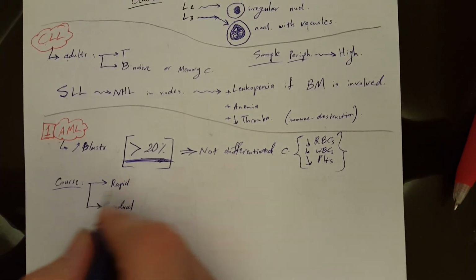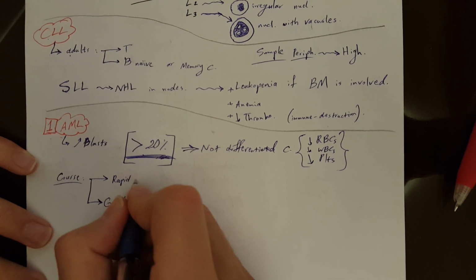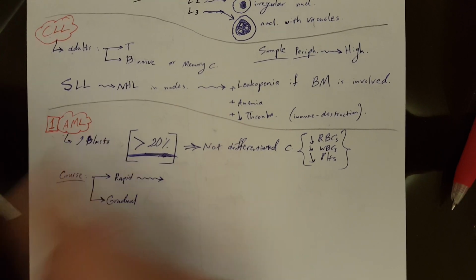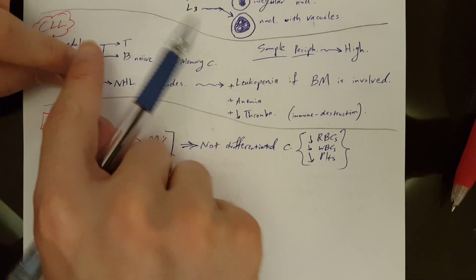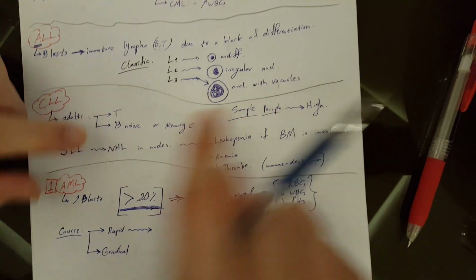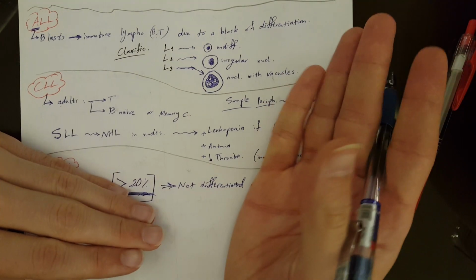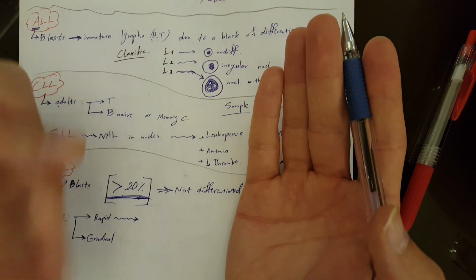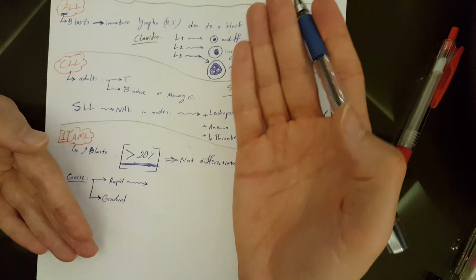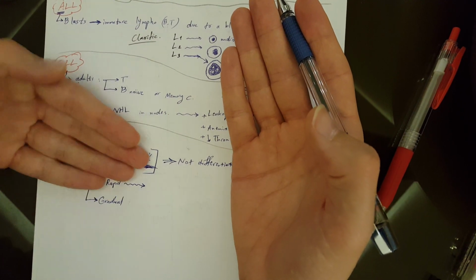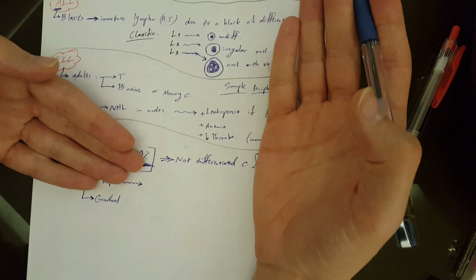When there is a rapid course and the cells are proliferating very fast, when you take a sample, you will see either the very end differentiated side of the equation or the very undifferentiated ones. So you will see a very clear distinction between the very undifferentiated and the mature ones.